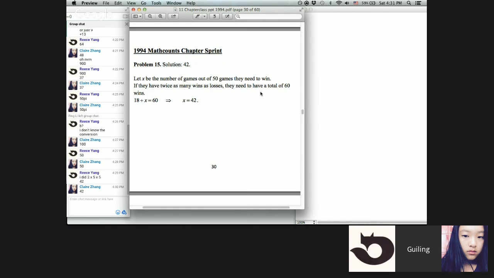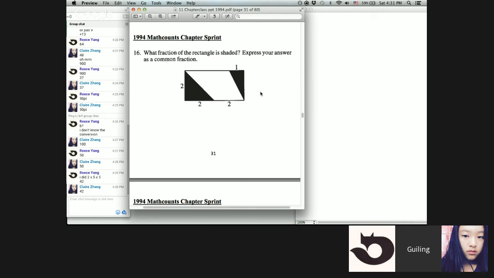It's nice and easy. Okay, what fraction of the rectangle is shaded? Express your answer as a common fraction.